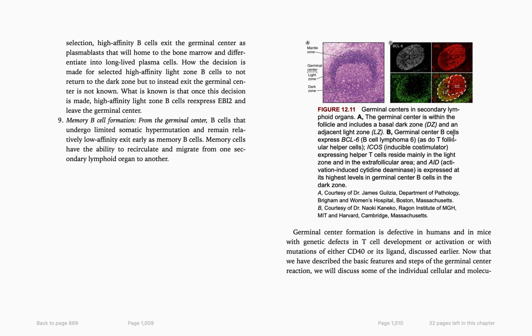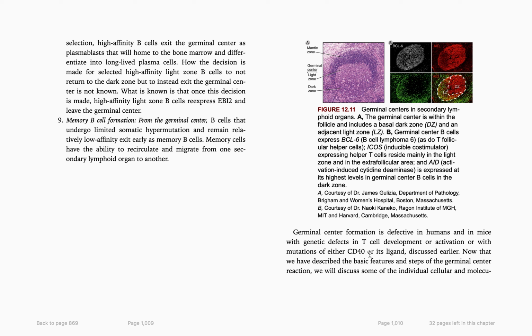Germinal center B cells express B cell lymphoma 6, as do follicular helper cells. ICOS, inducible costimulator, expressing helper T cells reside mainly in the light zones and extracellular area.